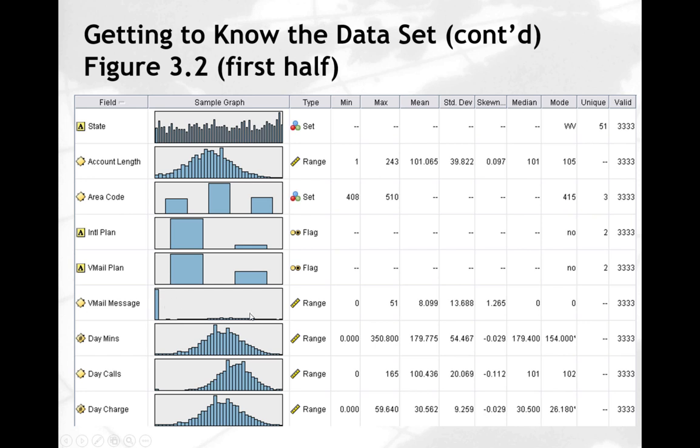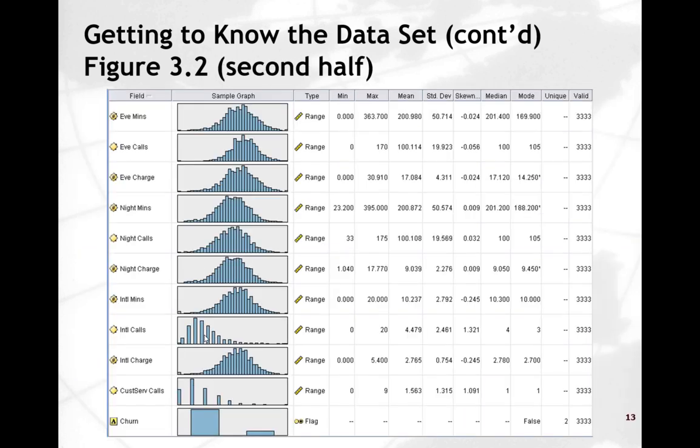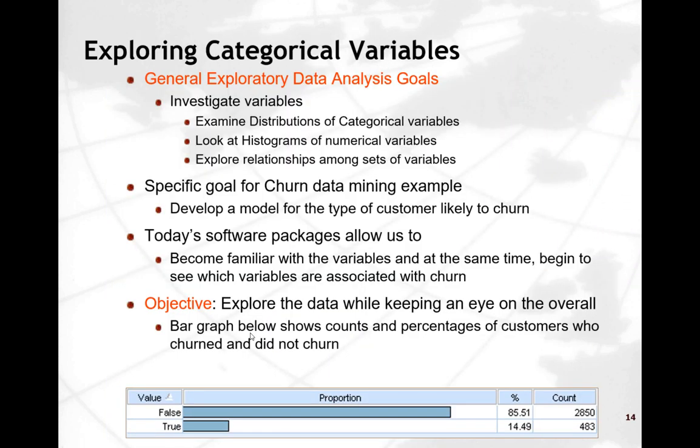The voicemail message has a spike on the 0 value. All the minutes and charge and calls don't have much of a skew, but the customer service call has a big skew, as well as the international calls. And that's it. So we already demoed in SAS. Okay.